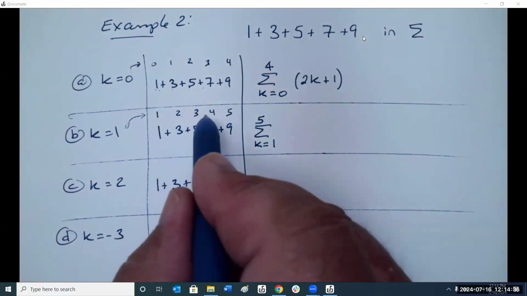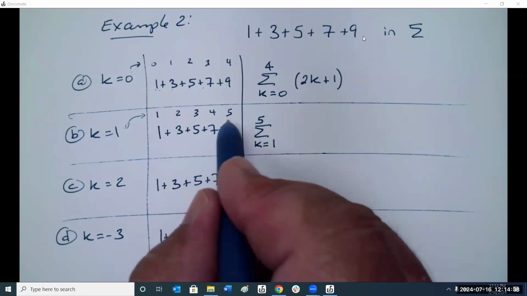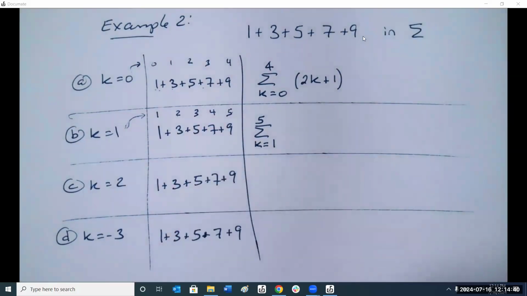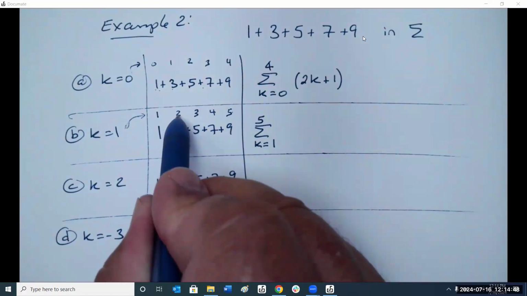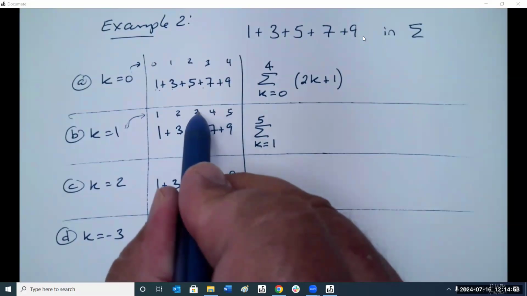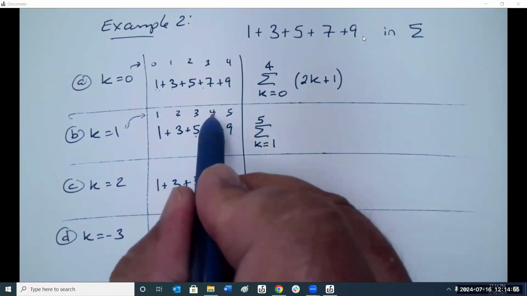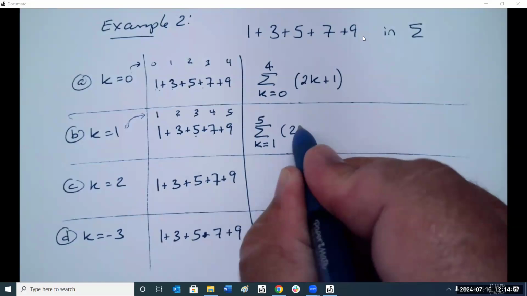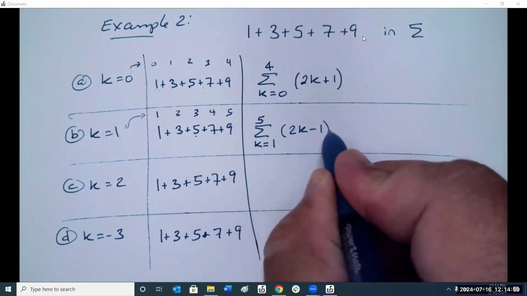If it's 2, we get 3. If it's 3, we get 5. If it's 4, we get 7. If it's 5, we get 9. How do these all relate? If we double 2, how do we get 3? If we double 3, minus 1. So the answer is 2k minus 1.